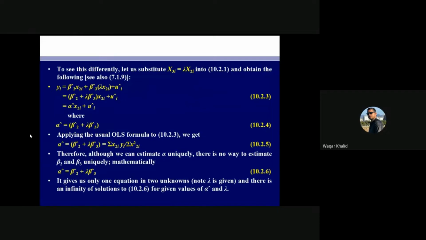If you are interested in calculating the values of beta 2 and beta 3 for given values of alpha and lambda, you will find infinite solutions.